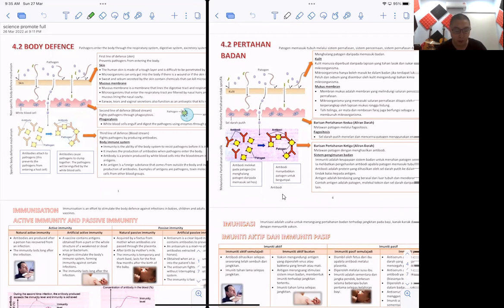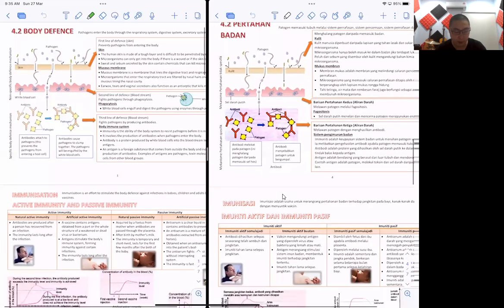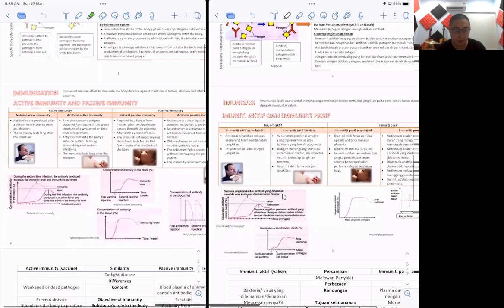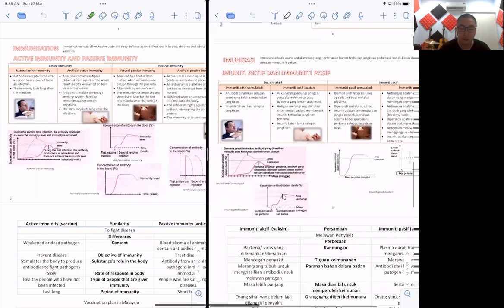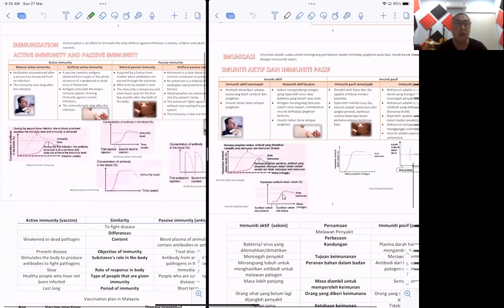So now for today's topic, we want to look at immunization. Look at page 2 if you are the English version, and page 5 if you are the BM version. All right, so for the actual class, you will receive the notes based on the language that you use in the school. For example, if your school uses BM, then the notes given to you are in BM.